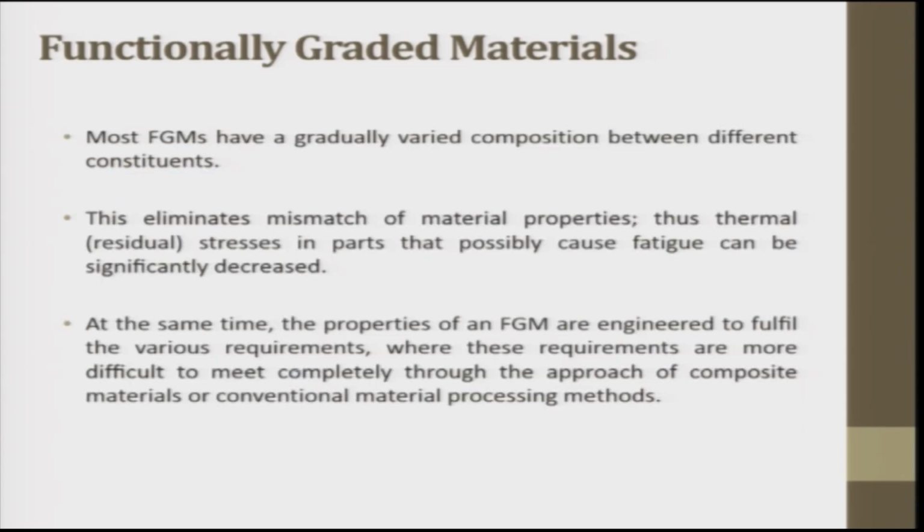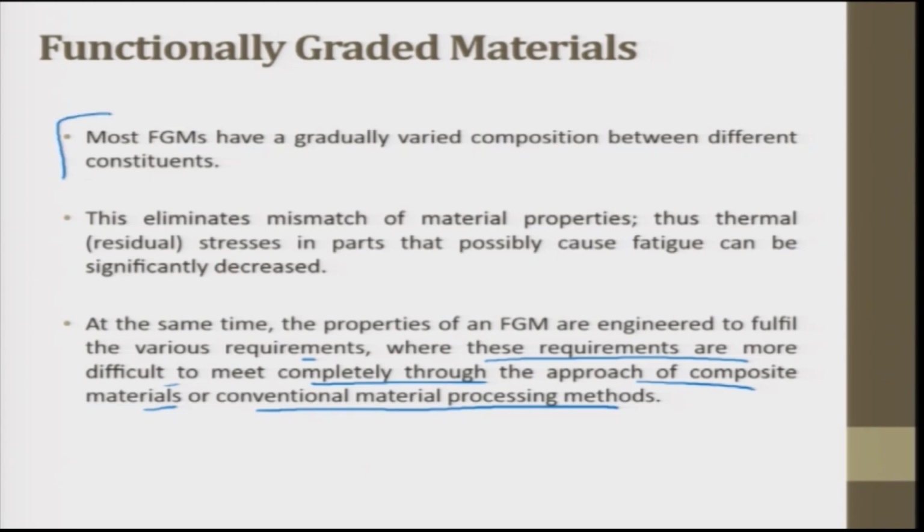This eliminates the mismatch of the material properties, thus thermal or residual stresses in the parts that possibly may cause fatigue can be significantly decreased. And at the same time, the properties of functionally graded materials are engineered to fulfill various requirements, where these requirements are more difficult to meet completely through the approach of composite materials or conventional material processing methods.